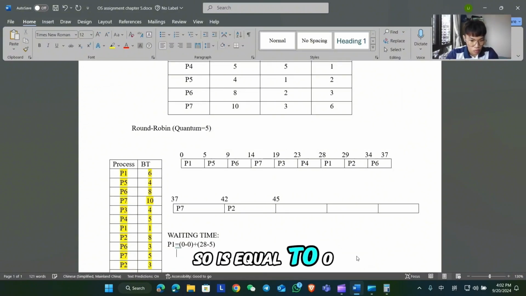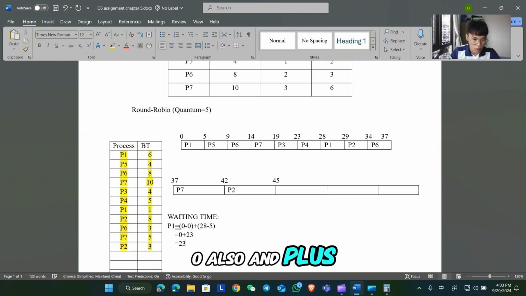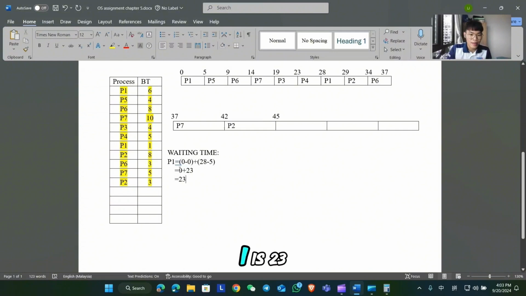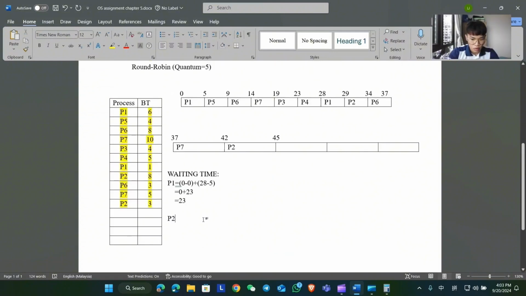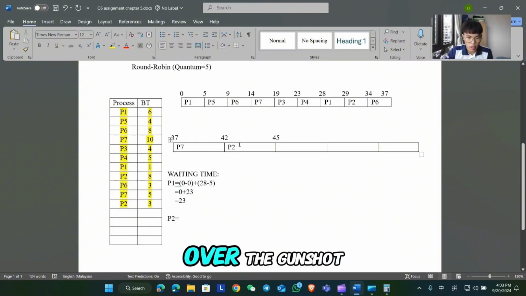So 0 plus 23, and the waiting time for process 1 is 23.